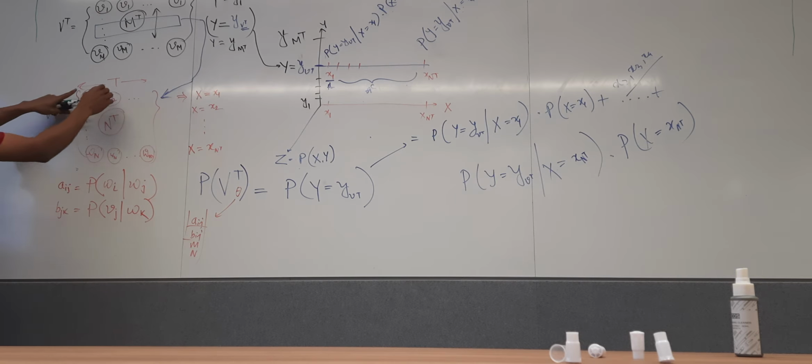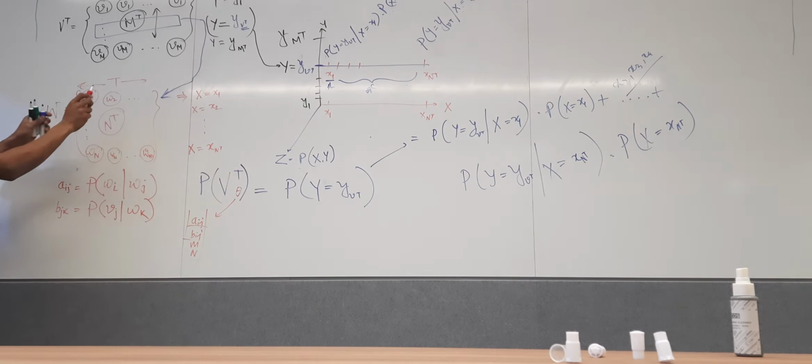So for each pair of states I have to multiply the state transition probability.